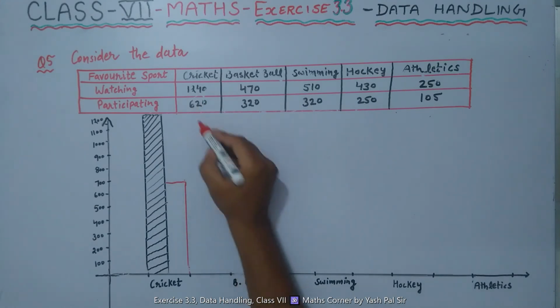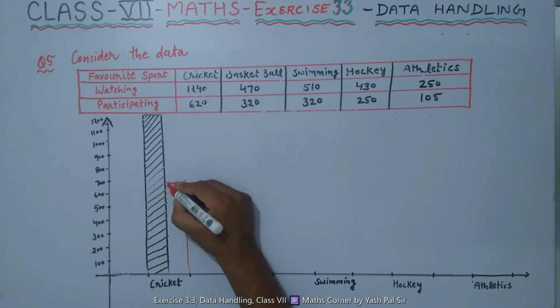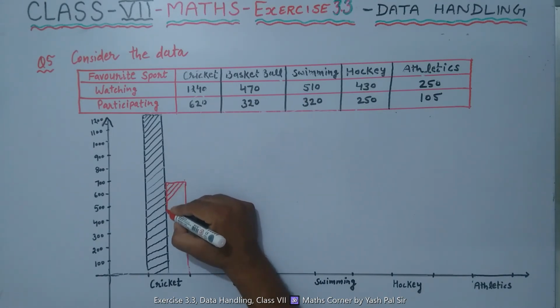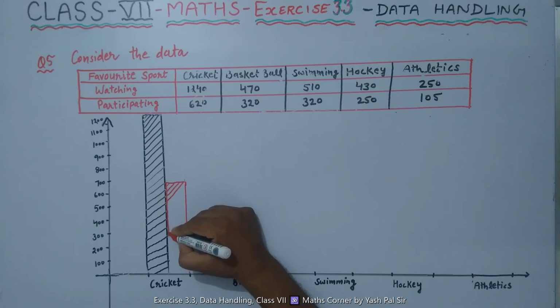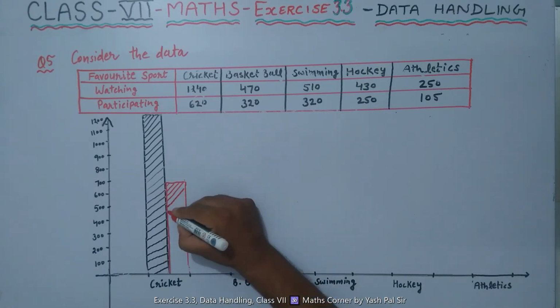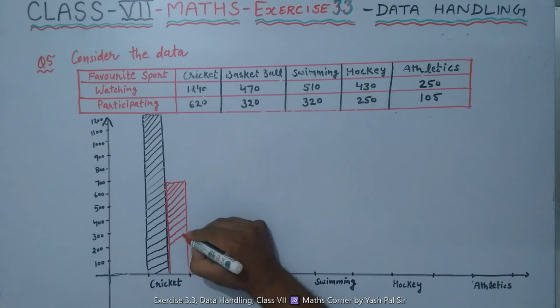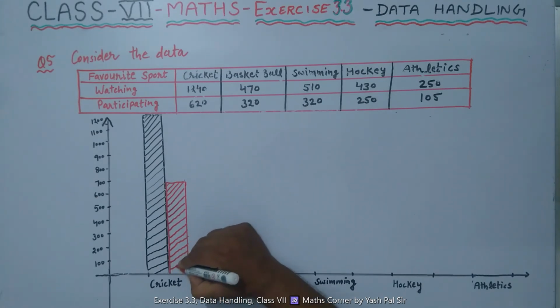Second bar with red pen, 620, after 600. This is the way we are shading here with red ink, showing the number of people who like to participate in cricket.